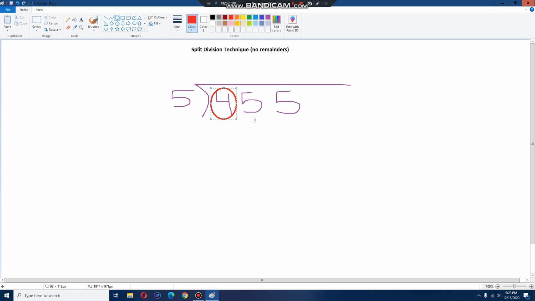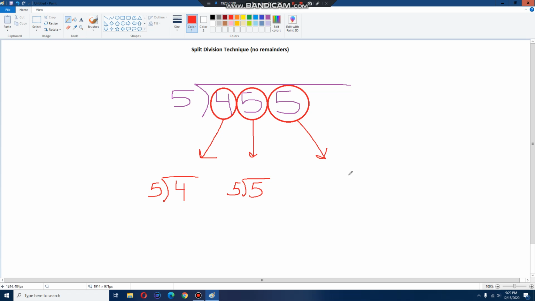You've got 1, 2, 3, so 3 different numbers. I'm going to cut each of these numbers out and separate them into their own little division box. So you have 4 divided by 5, 5 divided by 5, and 5 divided by 5.